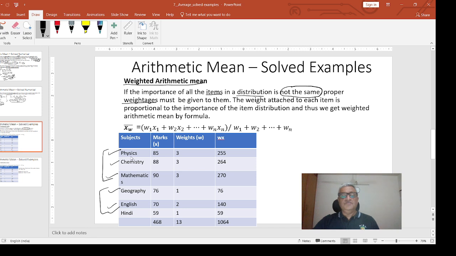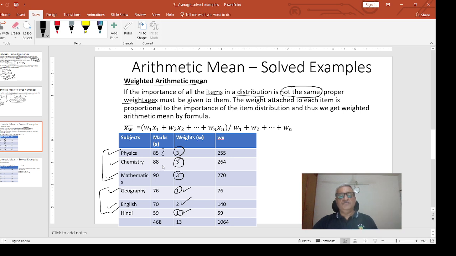I come from a science stream, and my obvious love goes to the first 3 subjects, and I treat the next 3 subjects as having less weight. So I applied weights of 3 each to the first 3 subjects, whereas I have no great interest in geography, nor in Hindi, so I applied 1 weight there, whereas for English I applied 2 weights.